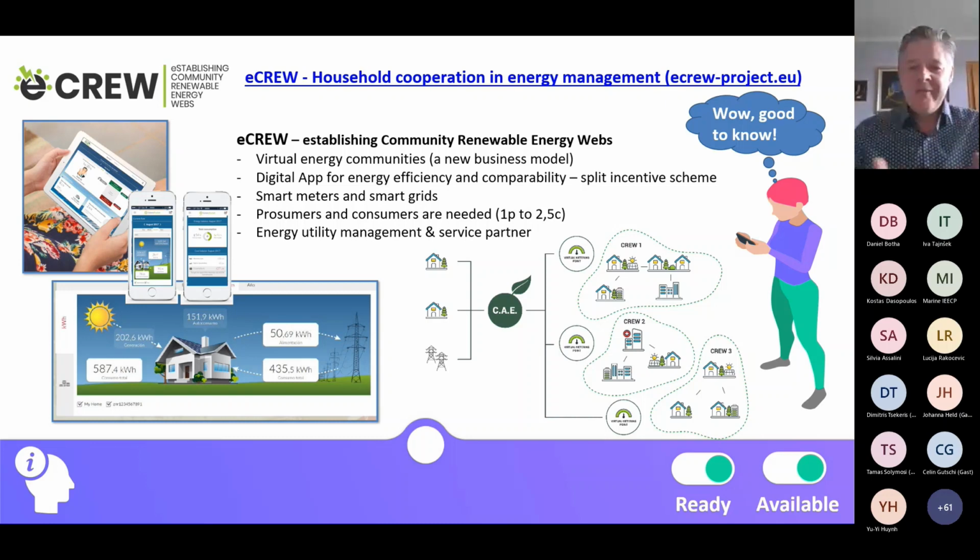Namely, everyone can literally see where the energy comes from. So the energy flow will be presented. Is it renewable energy from a PV panel from a prosumer in the energy community, or is it additional energy from the energy retailer because the energy community may not have enough energy, for example, because the sun didn't shine, and so on. So you can see where the energy comes from.